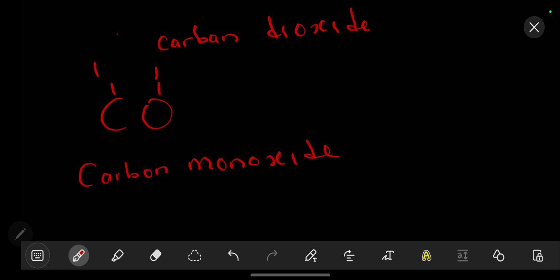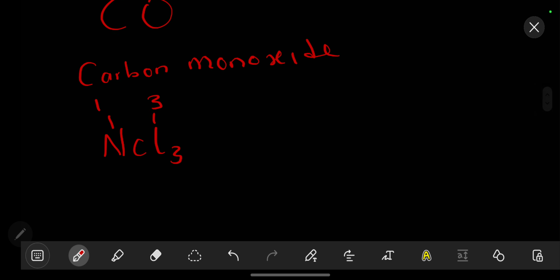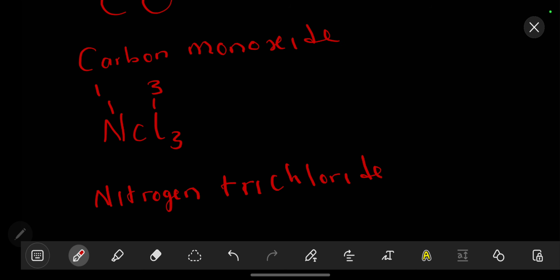If we look at our next one, let's say we have NCl3. For this one, we have 1 nitrogen, we have 3 chlorines. So the name of this one will be nitrogen. Then we are going to put a 3. The prefix is tri. Then we are going to say chloride.